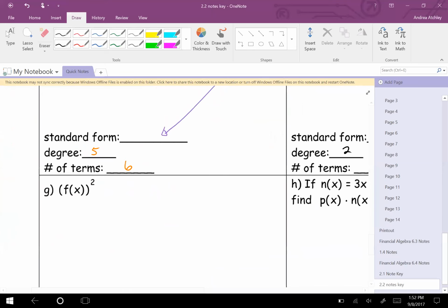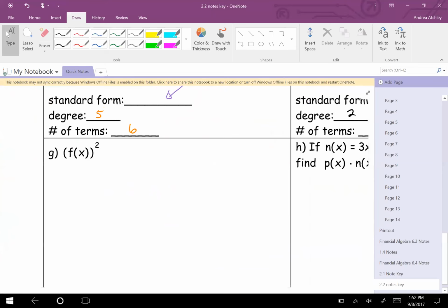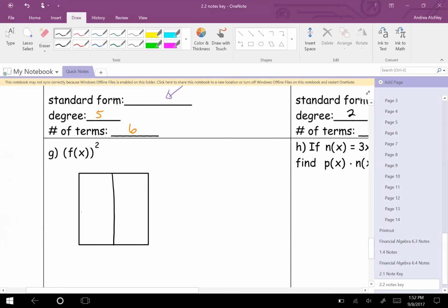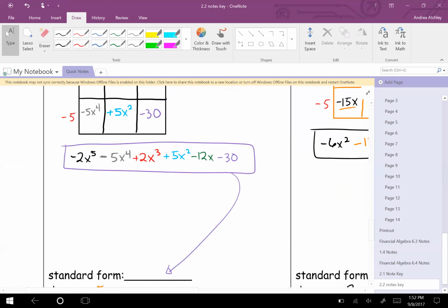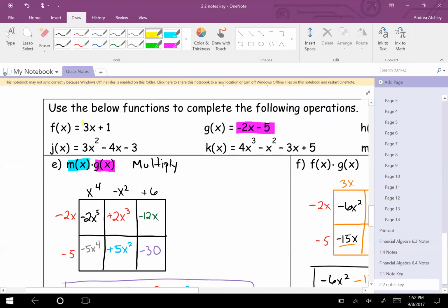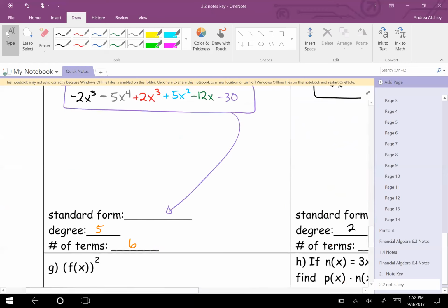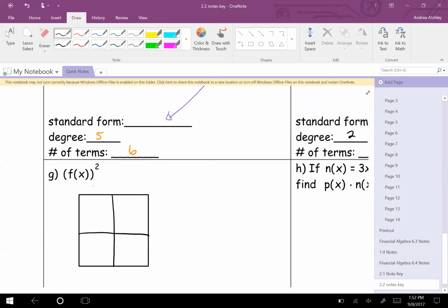Okay, the next one is I take f of x and I square it. So when I draw my box, I write it out twice. So f of x was that 3x plus 1. So I'm going to write the 3x plus 1 and the 3x plus 1.